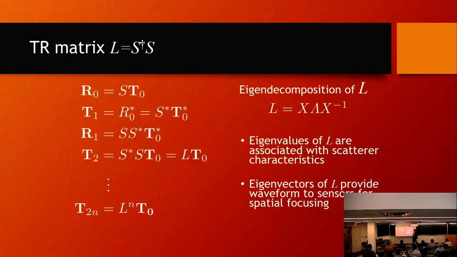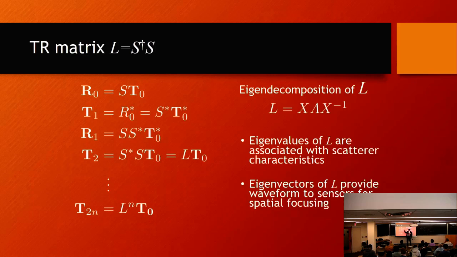So at the beginning, you transmit something, and your S is your scattering operator that takes the transmitted field out, causes all the interactions, and sends it back to you. And as we discussed, in the frequency domain, the act of doing time reversal is taking the complex conjugate. So the next time I transmit, I take the complex conjugate of that field, and I transmit.